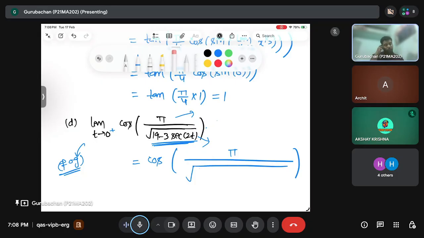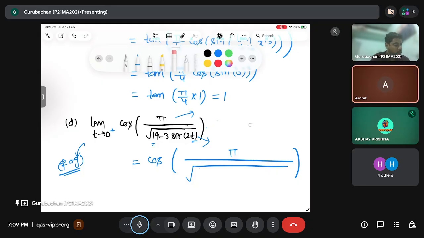In that case, what is the range of this secant function? Sir, 1 to infinity. So that means it can be a negative value also, right? But when you are close to 0, can it be infinite?